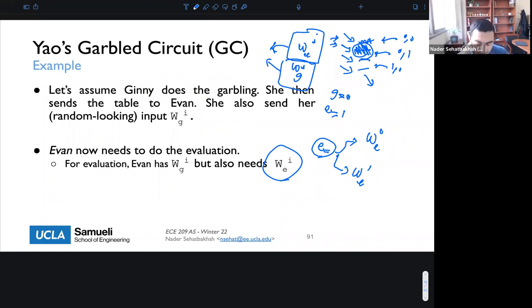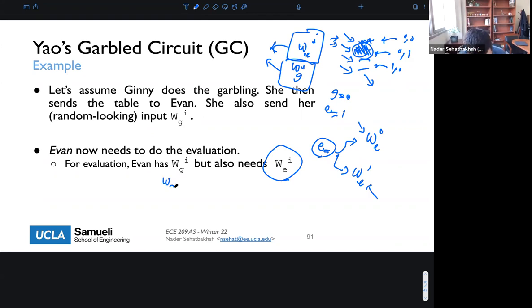And the trick here is that, you might ask, okay, so why doesn't Genie just send these two labels to Eve? If Genie does that, then Eve can easily understand what the inputs of Genie are. Why? Because essentially, instead of having two keys, now Eve has three keys, right?